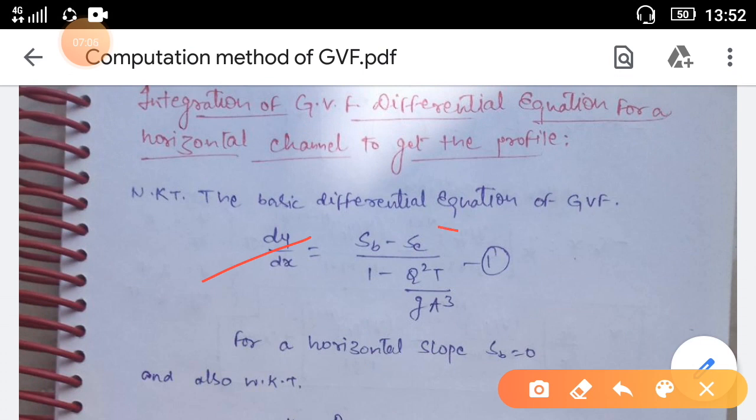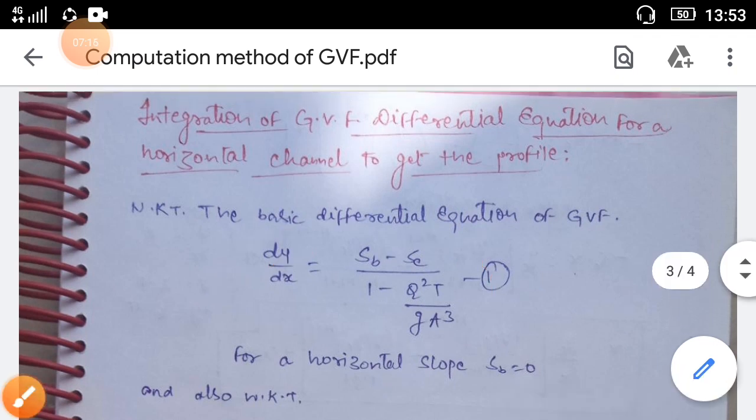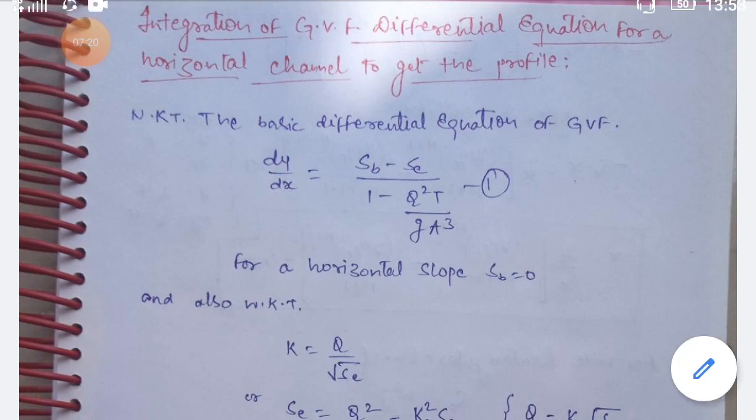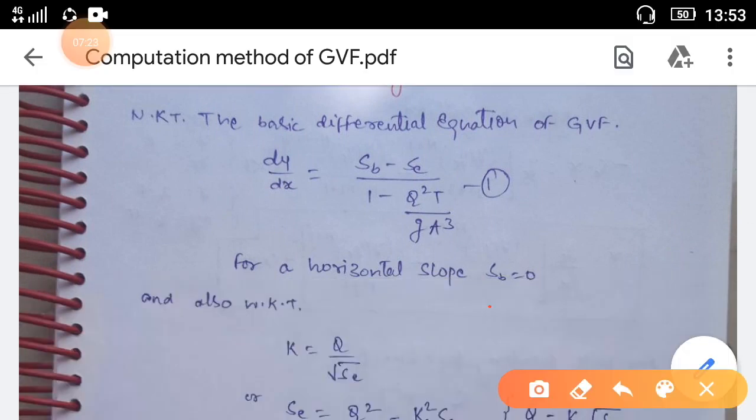This is already derived, so we can use this equation further. For a horizontal channel, the slope of bed is equal to 0, so we write here SB is equal to 0.